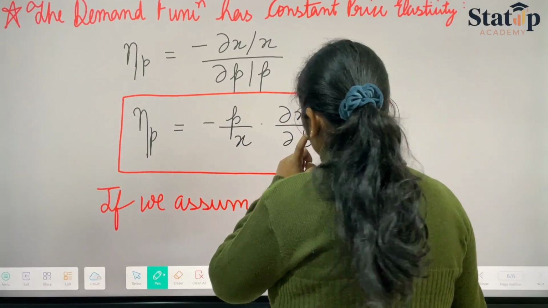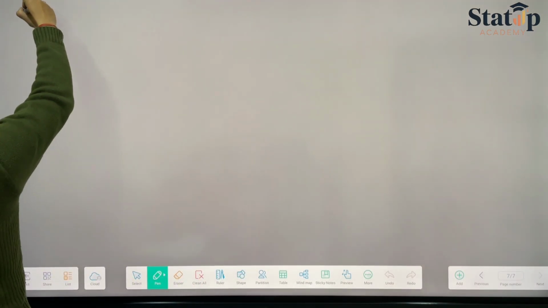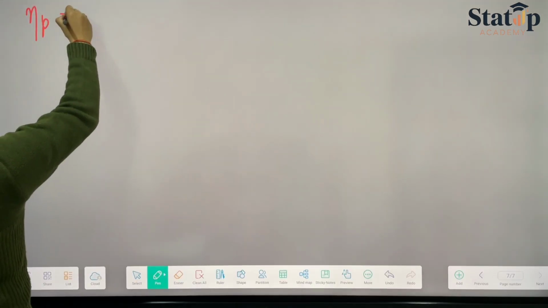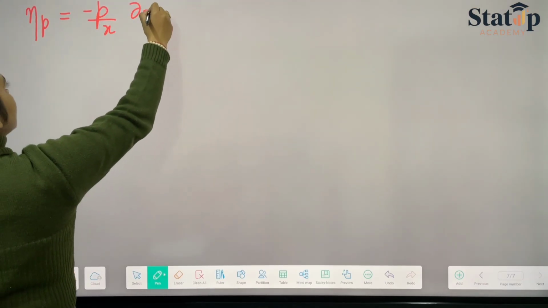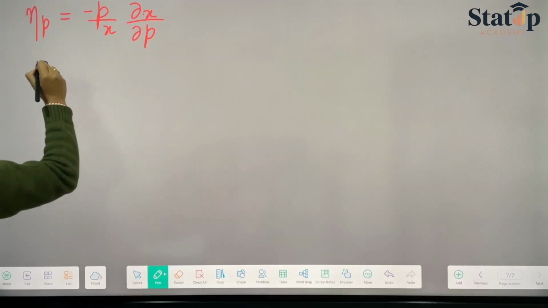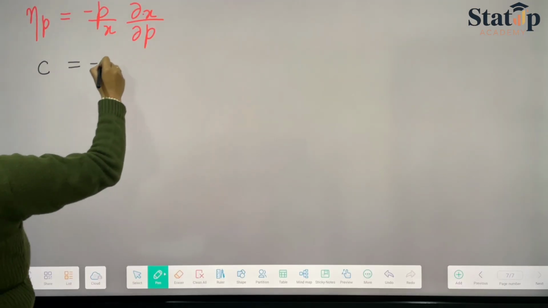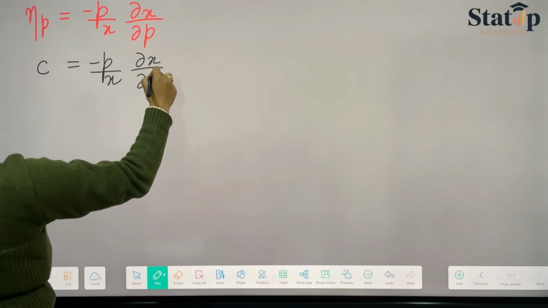Then what happens? Then we'll replace price elasticity's value. The formula is eta p equals minus p upon x delta x upon delta p. If price elasticity is C, C equals minus p upon x delta x upon delta p.